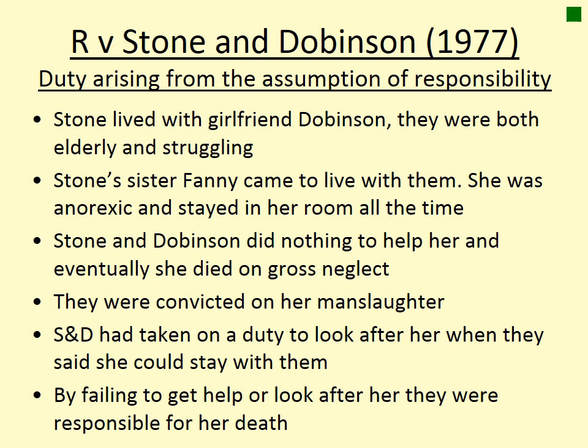They volunteered to look after her because she was anorexic and she needed a lot of help, but she stayed in her room all the time. Stone and Dobinson did nothing to help her, and eventually she died, and Stone and Dobinson were both convicted of gross negligence manslaughter.